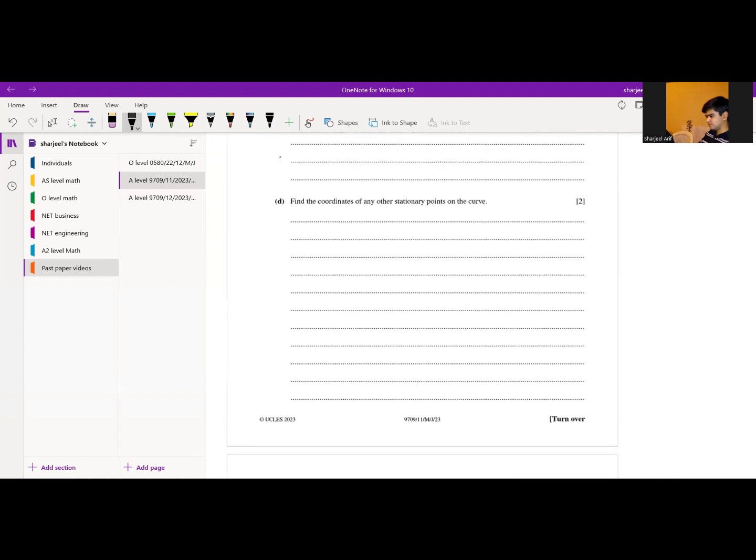Now look at question number D. We have to find any other stationary point. So we have the equation dy by dx equals 6x squared minus 30x plus 24. Just substitute it equal to 0. Take 6 common from it. You will get x squared minus 5x plus 4. Make the factors: x into x minus 4 minus 1 into x minus 4, that would be equal to 0.